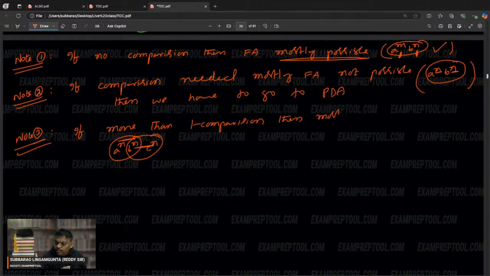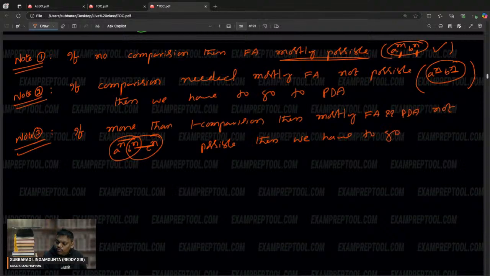then mostly finite automata and PDA are not possible. Then we have to go to Turing machine.